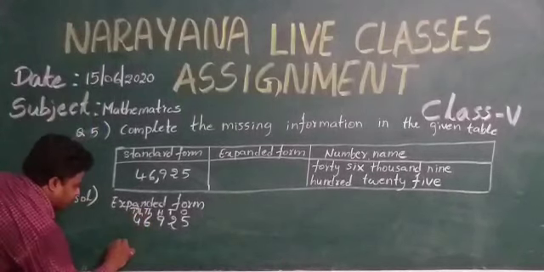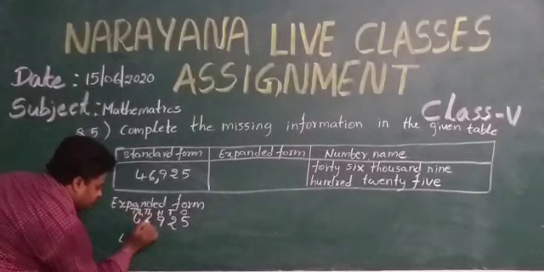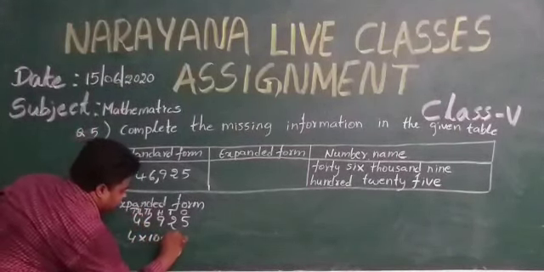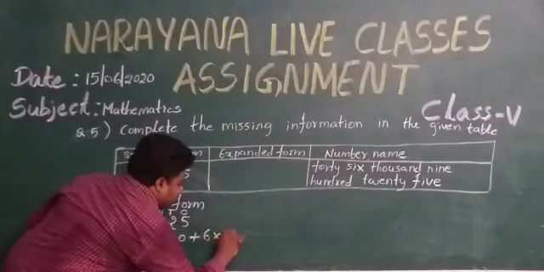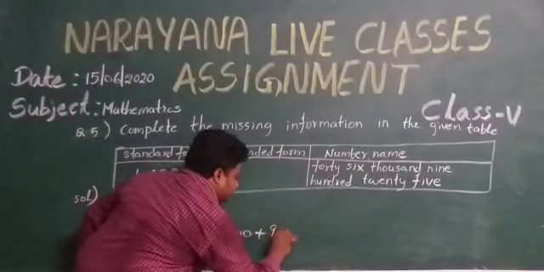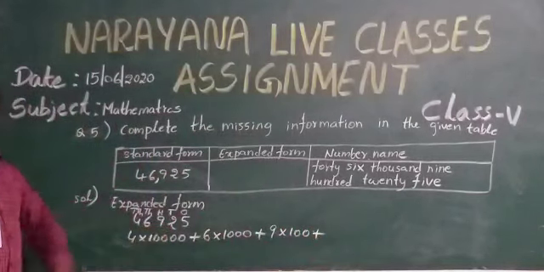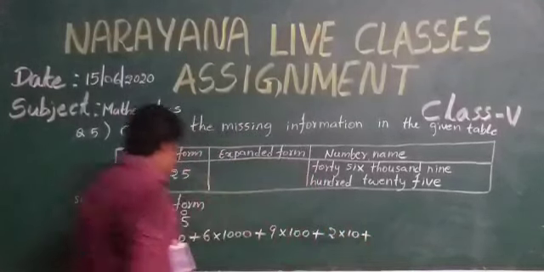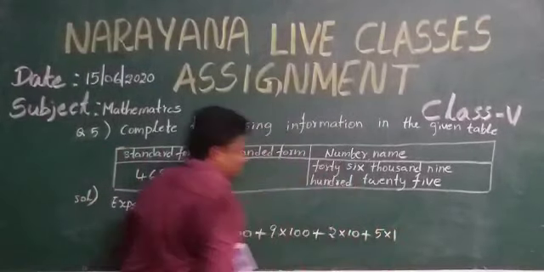4 belongs to 10,000, so 40,000: 4 into 10,000, plus 6 into 1,000, plus 9 belongs to hundreds, 9 into 100, plus 2 belongs to tens, 2 into 10, plus 5 belongs to ones, 5 into 1.